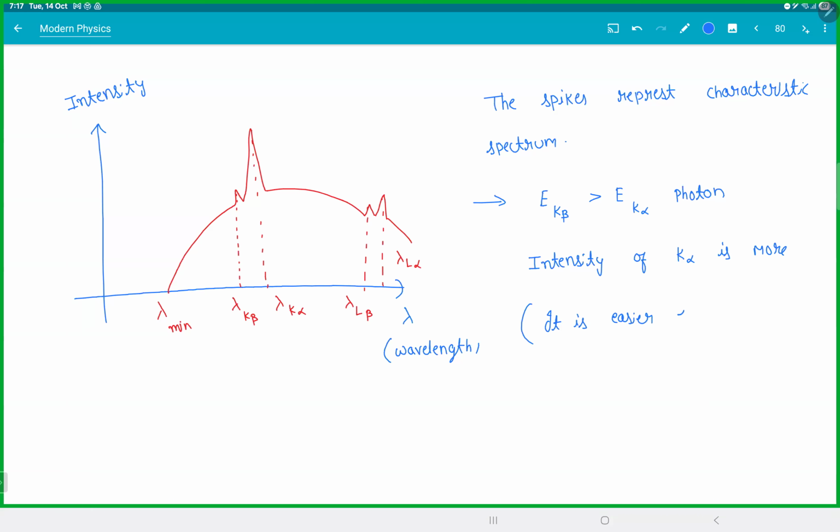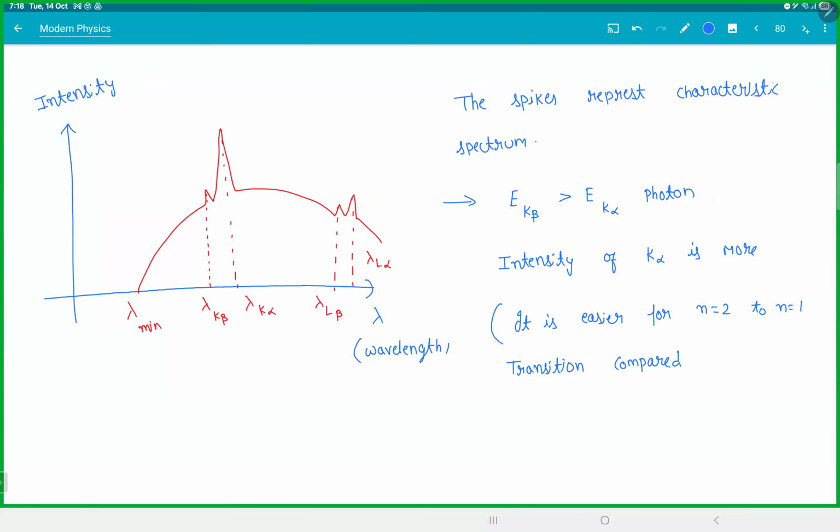It is easier for the n equals 2 to n equals 1 transition compared to the n equals 3 to n equals 1 transition, due to the shielding or screening effect.